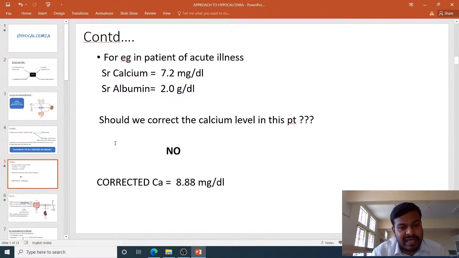If the patient's calcium is low, never rush to correct the calcium and give calcium supplements or IV calcium in those patients, because always look for the serum albumin. If the serum albumin is normal and still the serum calcium is low, then you should go forward correcting the calcium in patients. You should be remembering this point.